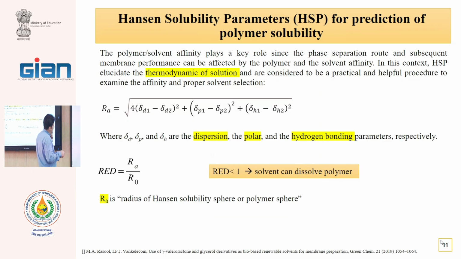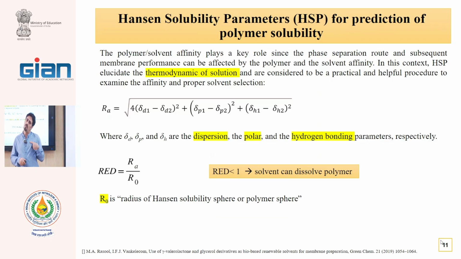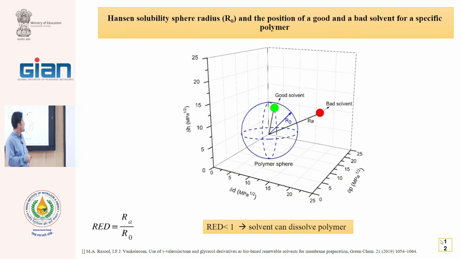But if we change the solvent and obtain RA as 8, and this is 10, therefore RED will be 0.8, and we say that this solvent can dissolve. Therefore, with this equation, we can calculate the possibility of dissolving a polymer in a solvent.